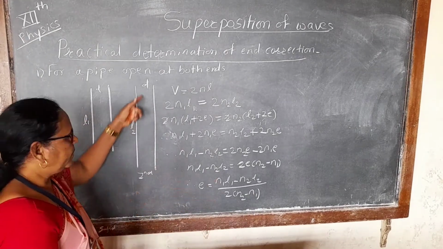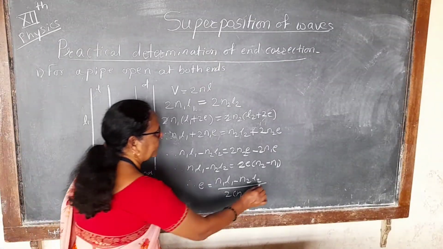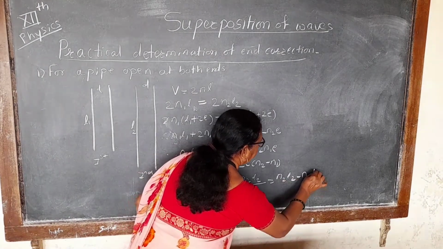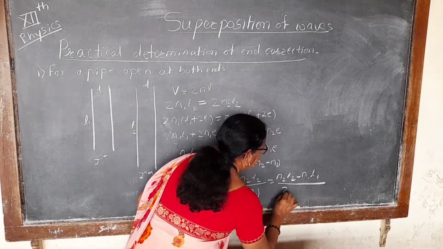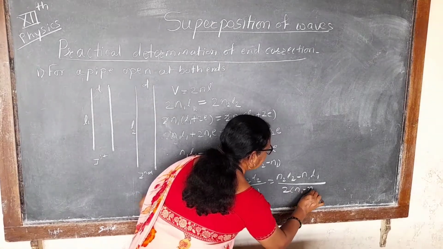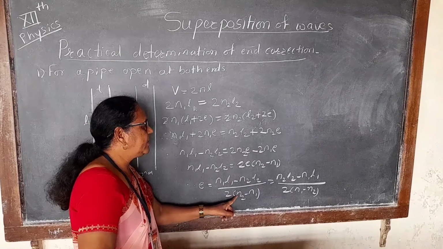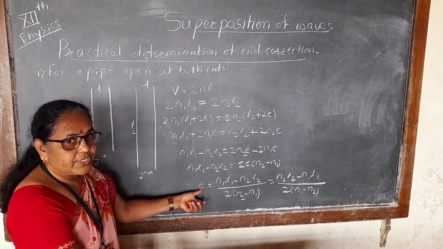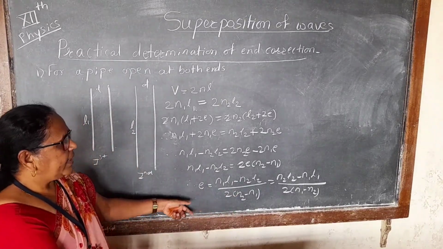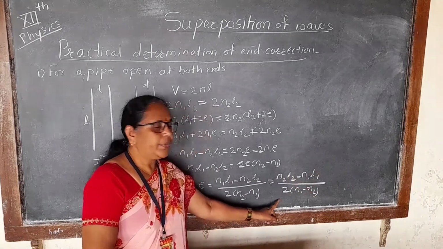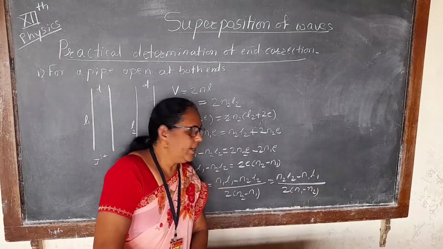Again here L2 is greater, so you can interchange the terms: N2 L2 minus N1 L1 divided by 2 into bracket N1 minus N2. So here the end correction for the pipe open at both ends is given by N2 L2 minus N1 L1 divided by 2 into bracket N1 minus N2.